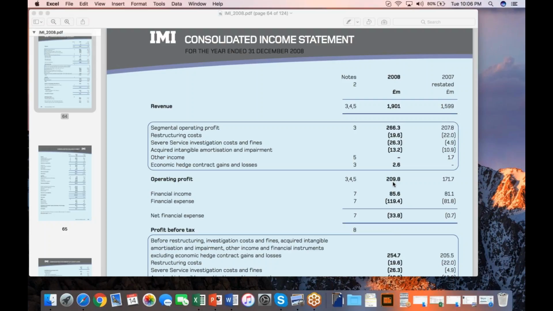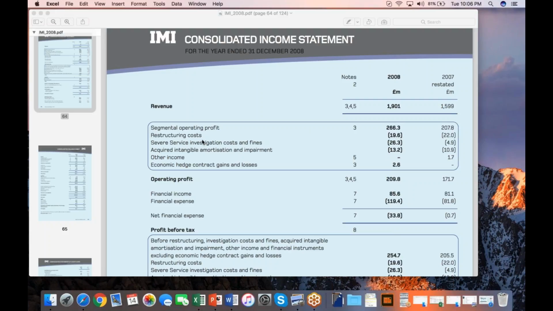But while calculating the return on capital employed, the operating profit that professor uses is excluding all the exceptional items here. So she uses, in fact, 266.3. Really? Yes.